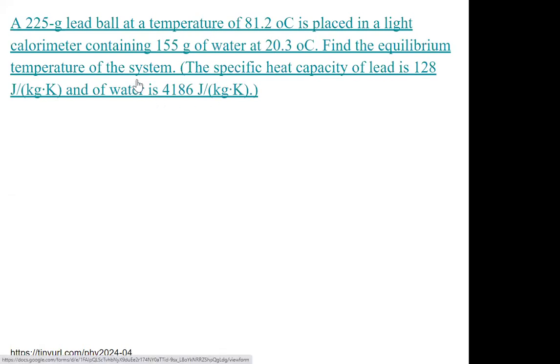In some cases, I think there will be a problem in the homework assignment where you are given just the final temperature of the system, and you will be looking for the specific heat of the object. But it's about the same procedure to solve the problem. In this one, you are not looking for the specific heat capacity; you predict the final temperature.